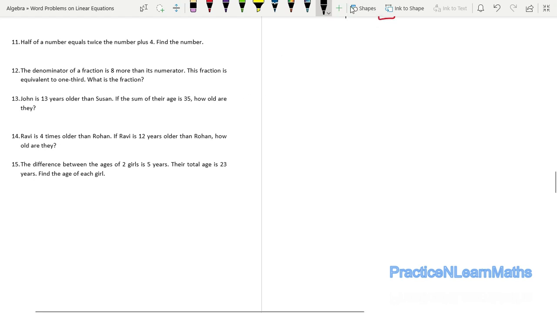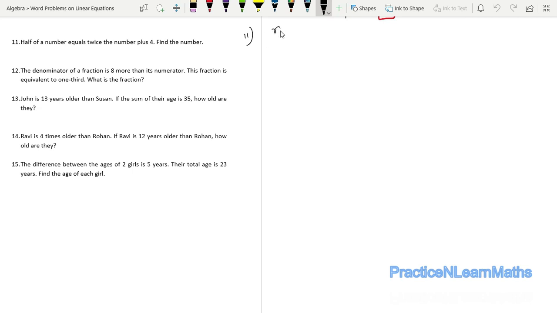Next we move on to sum number 11. Half of a number equals twice the number plus 4. So let the number be n.